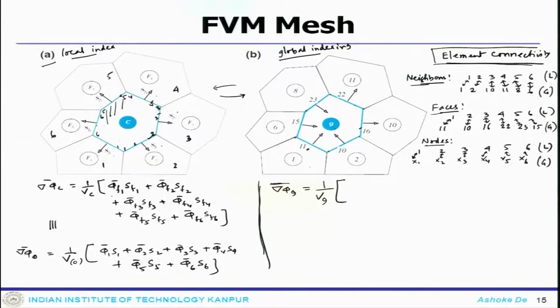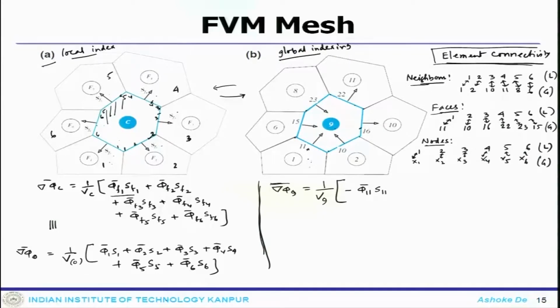This particular term is your local term and this is your global term. The global calculation would be connected with this face 11, and your normal vector Sf1 is actually going inward, so the sign would be negative. So, this would be phi 11 and S11, because this is my local phi f1 Sf1.